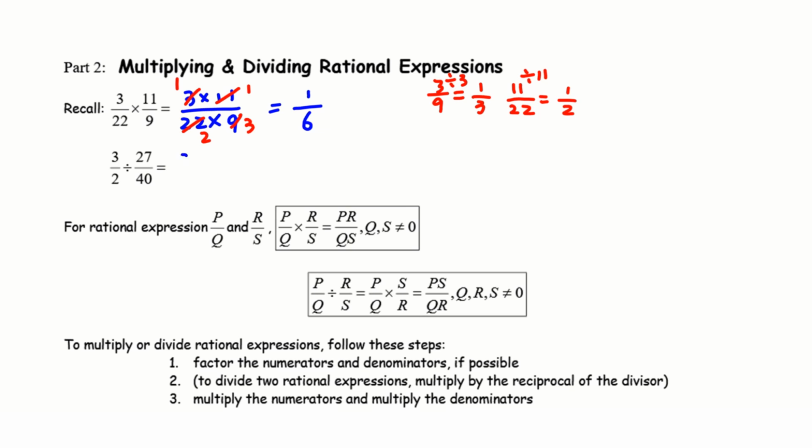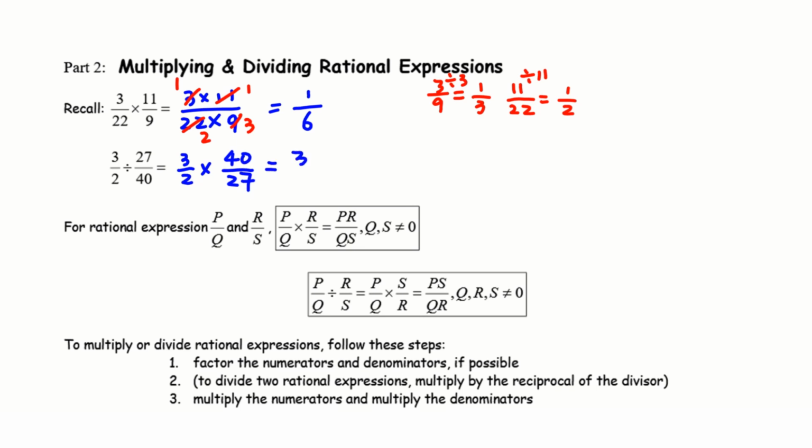For divisions of fractions, we know we are going to change the division to multiplication by flipping the divisor. So it will be times 40 over 27. Then it will be multiplying.